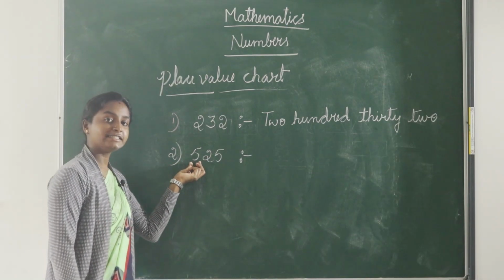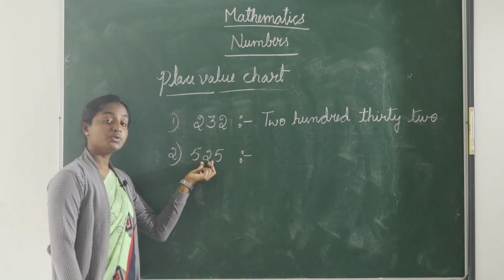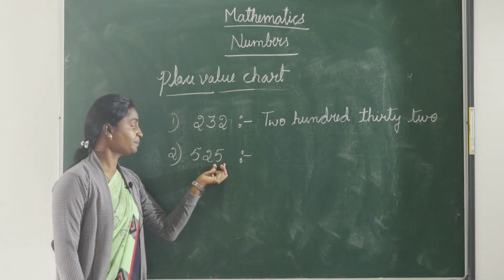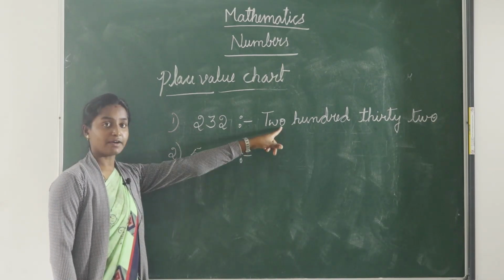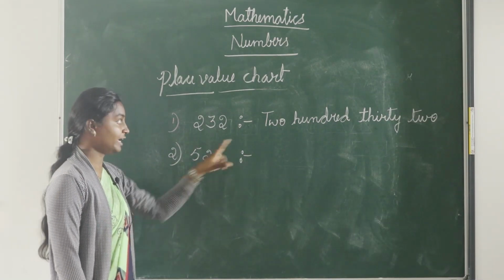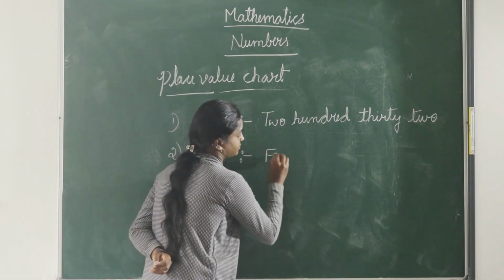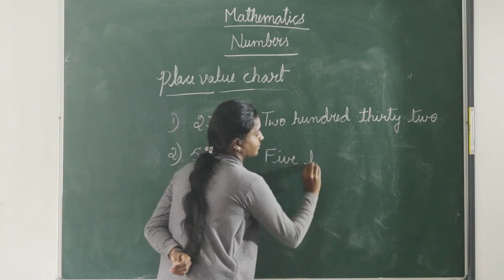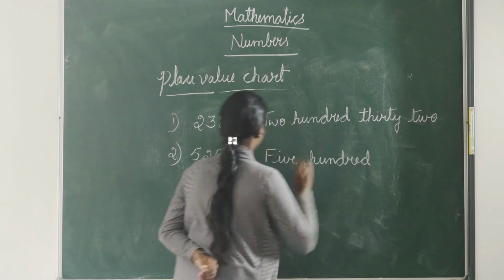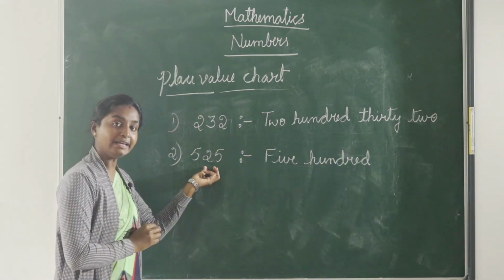Let's take another example. Here 5 is standing in hundreds place, 2 is standing in tens place and 5 is standing in ones place. So according to that we have to write in words. So 5 is standing in 100 place. So 500. Then 2 is standing in tens place.